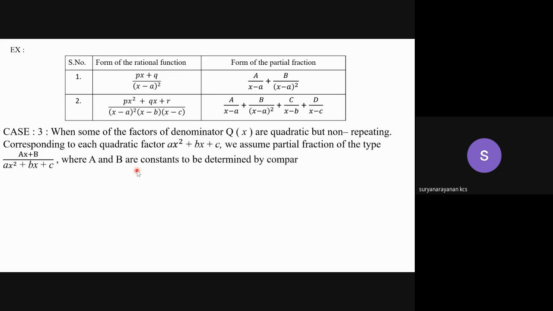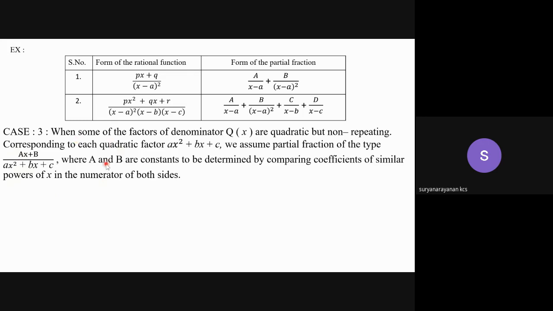After that, we have to find the values of A and B, comparing the coefficients of similar powers of x in the numerator of both sides. So after that, we find A and B values.